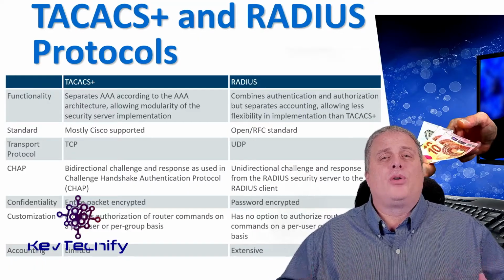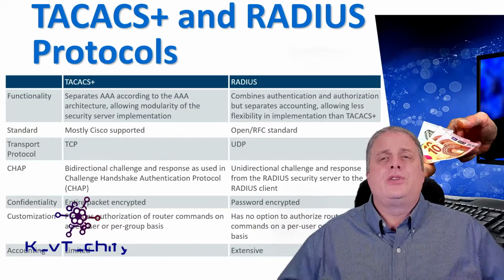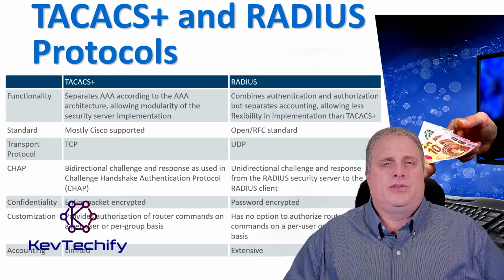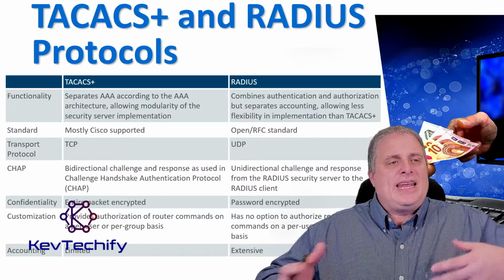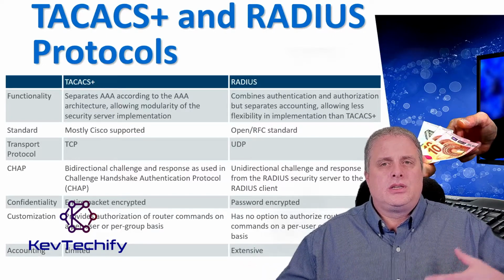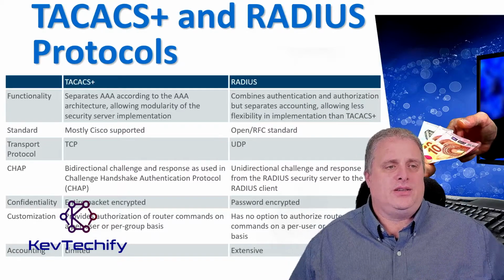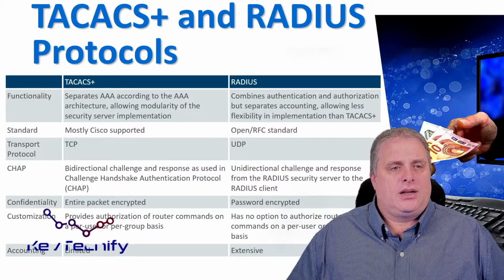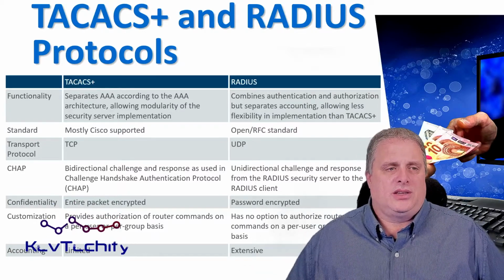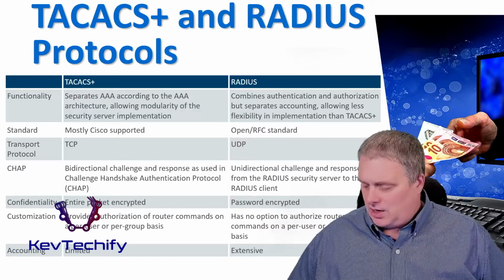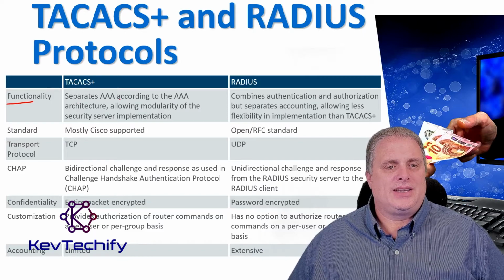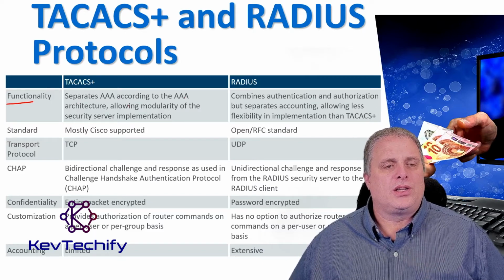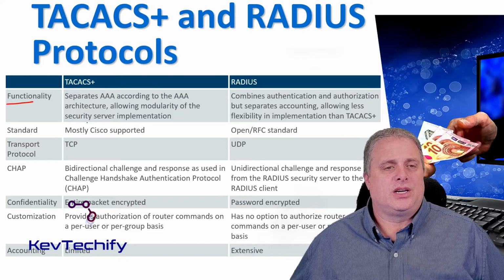TACACS+ and RADIUS are both authentication protocols that are used to communicate with AAA servers. Here's a table, and we can see that each supports different capabilities and functionality. When we look at functionality, the TACACS+ server separates AAA according to the AAA architecture, allowing modularity of the security server.